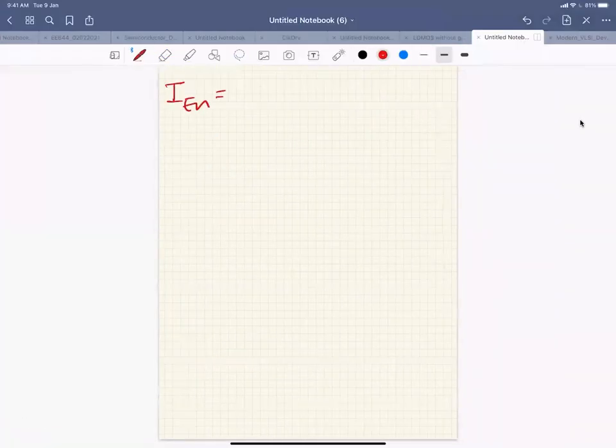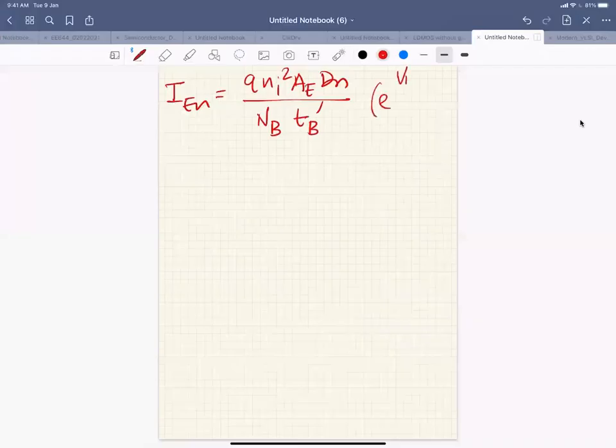IEN is q ni squared A_E D_n divided by N_B T_B dash e to the power V_BE by V_T minus 1.